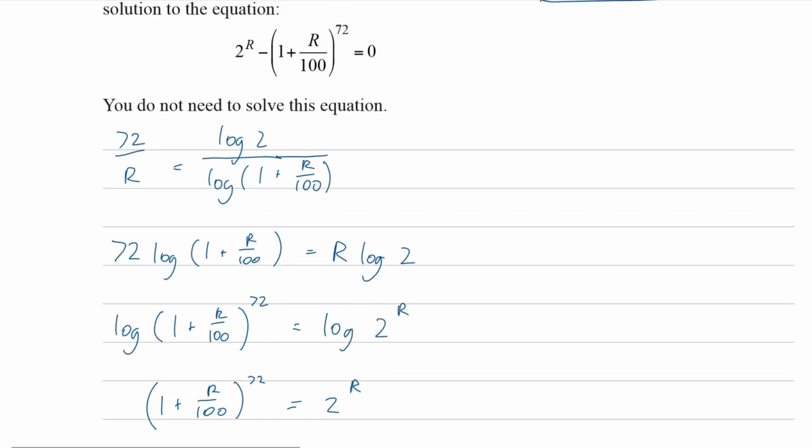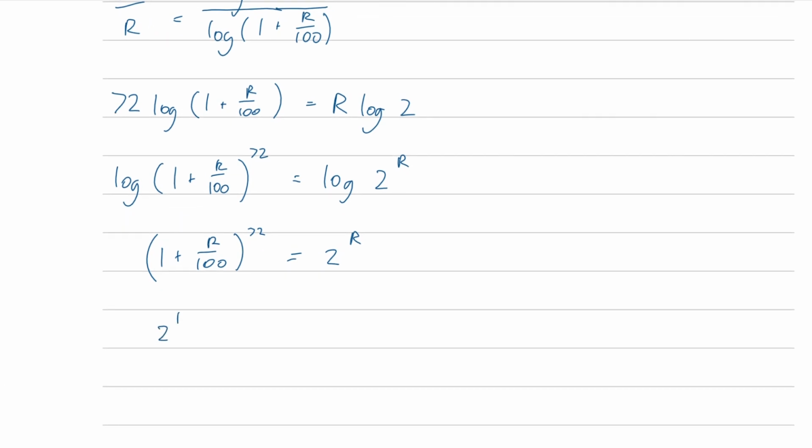Alright, and now our last step, try and make it look like that equation. So we could do 2 to the power of r and subtract 1 plus r over 100 to the power of 72 equals 0.